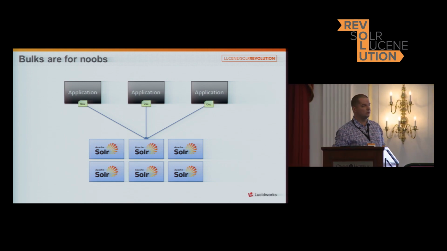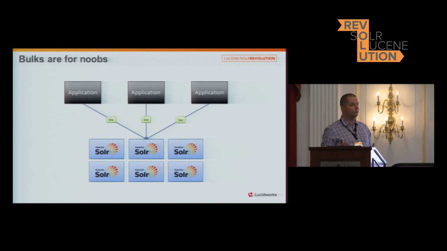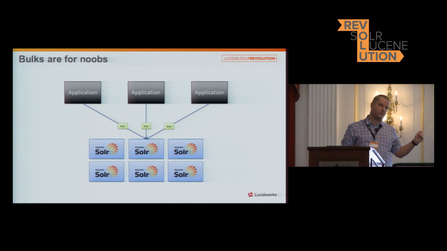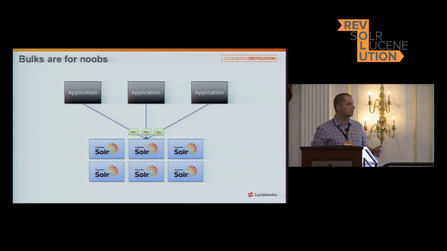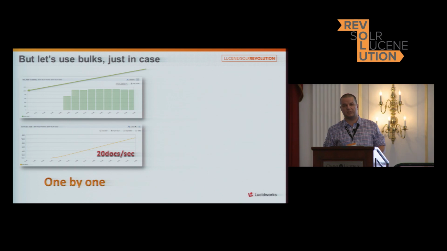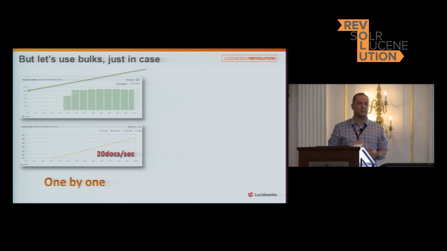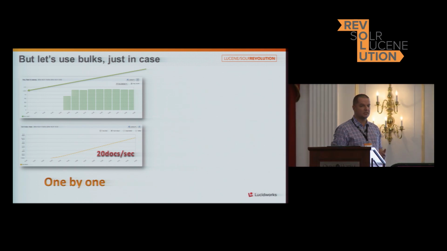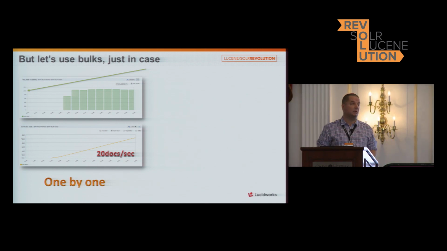So what that resulted in is actually putting a single document one by one from each of those applications without using bulks. So the documents were sent, and we were actually seeing about 20 documents per second being indexed, which is terribly slow, especially as they needed about 2,000 per second in a peak time. So nowhere near that amount.